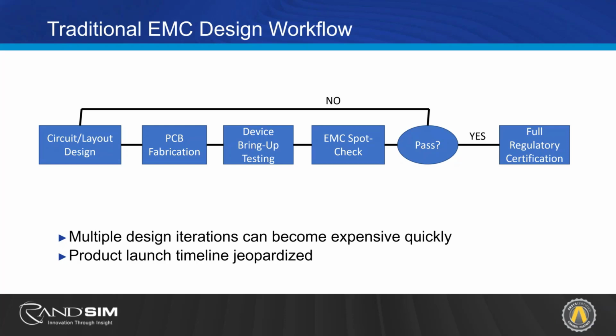Now, the spot check is important because if you just take your device that you've freshly created straight into the lab with the intention of completing a full regulatory certification before you know how your device performs for EMC, you could very easily get burned on that process.